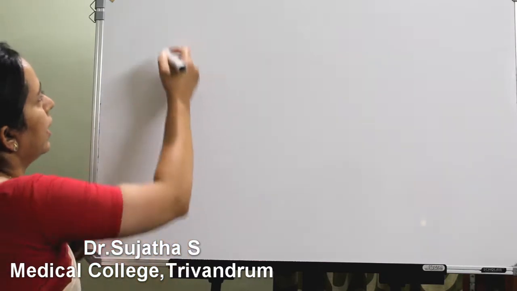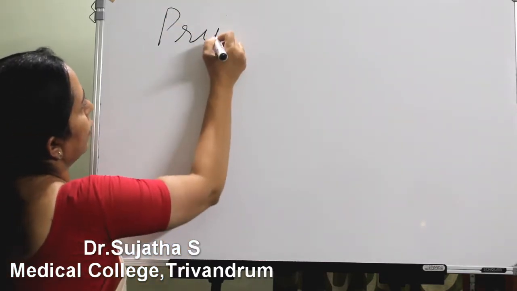For any research, the most important things are reliability and accuracy, and to maintain the validity of any health research, data collection is very important. In the next 10 to 15 minutes, I will deal with the principles of data collection.